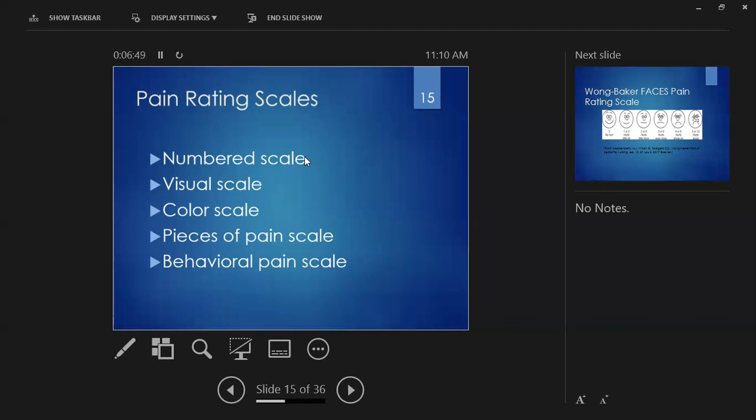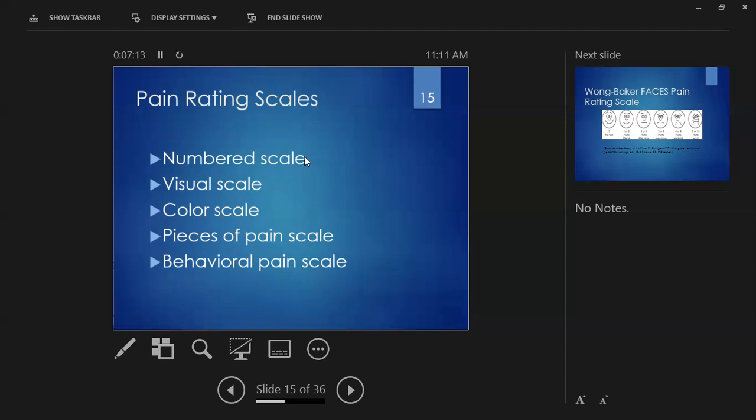We also have color scales where it goes from red to blue, right? And they can pick the color that best represents their pain. Also, we talked about the pieces of pain where we put out the poker chips or those other identical plain objects in front of them, right? And they have to select the number of chips that equals how much pain they're experiencing or how many areas they have pain. Behavioral pain scale.